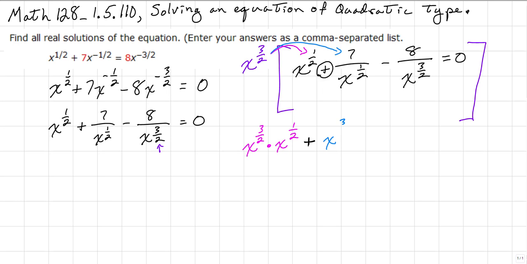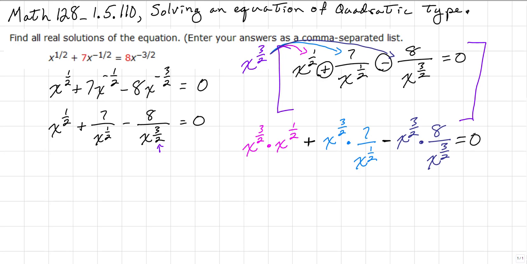And then I have this negative sign, so we have a subtraction. And now I'm going to multiply x to the 3/2 power by 8 over x to the 3/2 power. And that is going to simply be equal to 0.